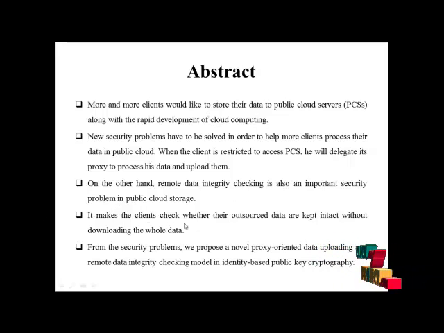It lets the client check whether their outsourced data are kept intact without downloading the whole data files. From these security problems, we propose a novel proxy-oriented data uploading and remote data integrity checking model in identity-based public key cryptography.